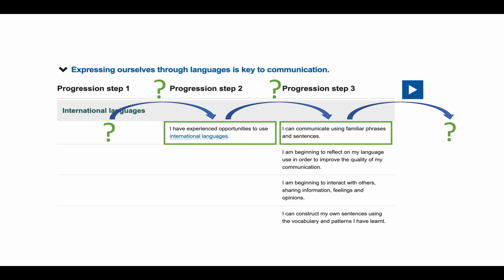We know that the extent to which your learners will have experienced opportunities to learn to use international languages will depend massively on your school's context, and that there are a number of key processes in language learning that need to have taken place before learners would be able to communicate using familiar phrases and sentences. For example, let's take the example of French.